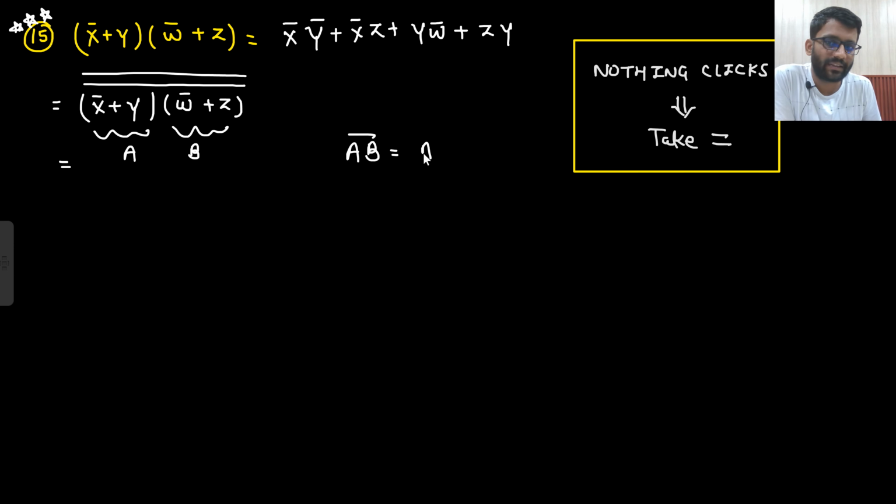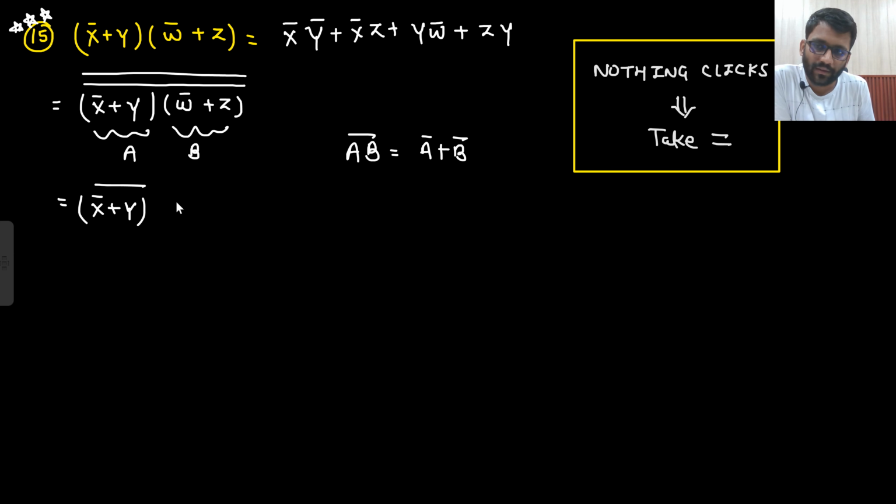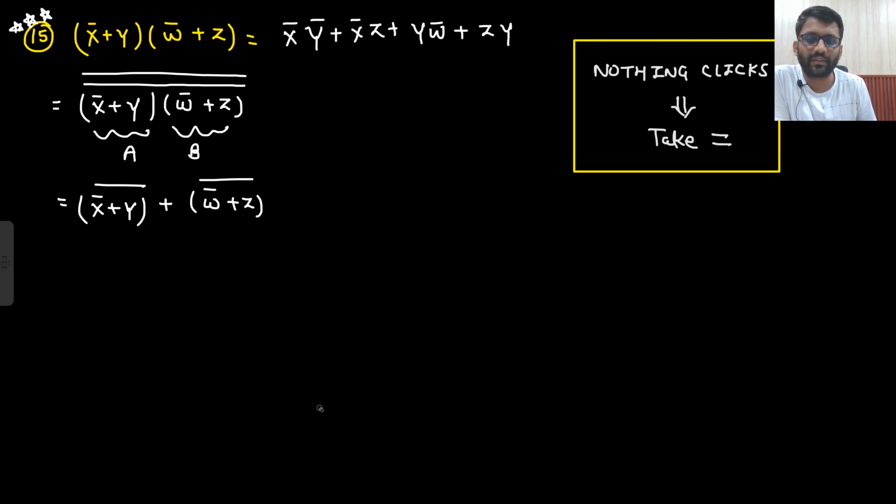So AB bar can be replaced as A bar plus B bar. So this is what I am going to do now. So x bar plus y whole bar plus w bar plus z whole bar, right? This is how it can be replaced.